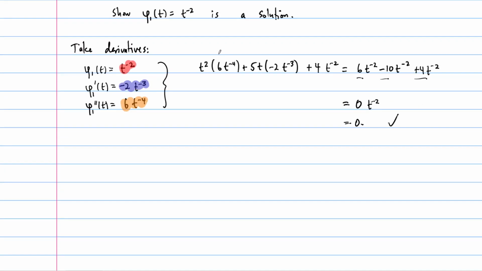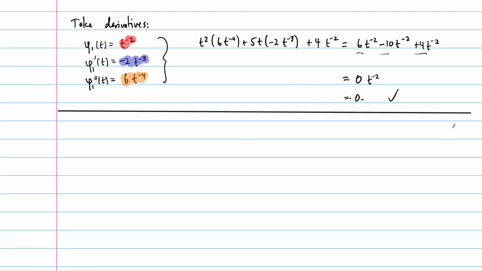Okay, here's another one for us to do together. This time, I'm going to give you a differential equation. Consider the following second order linear differential equation. This one's going to be y double prime plus 4y prime plus 3y equals 0.